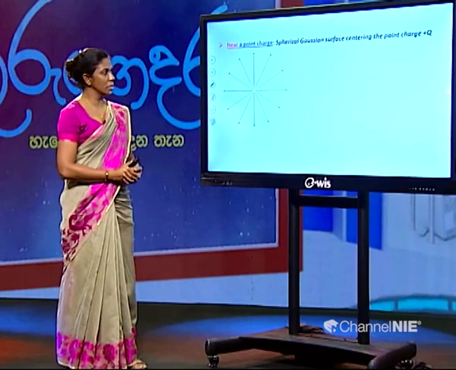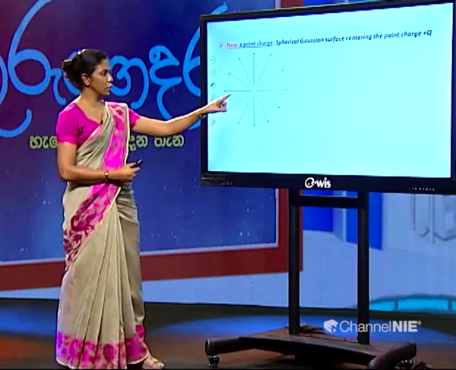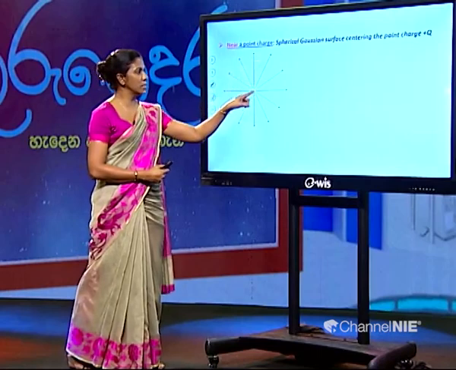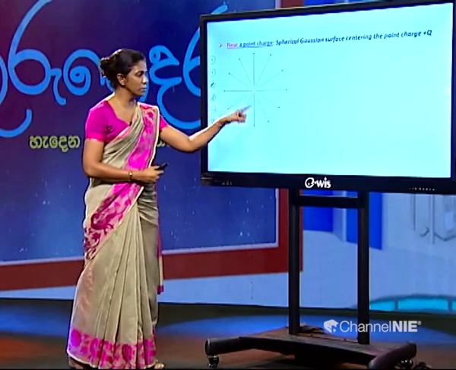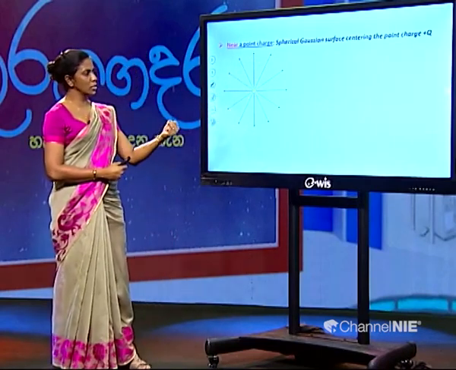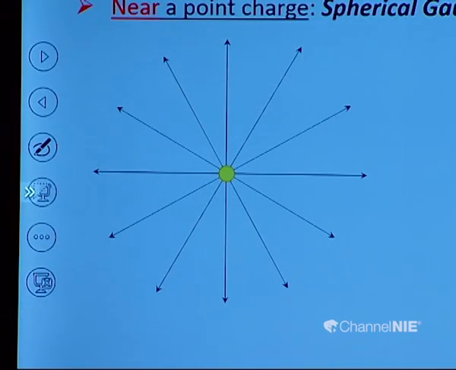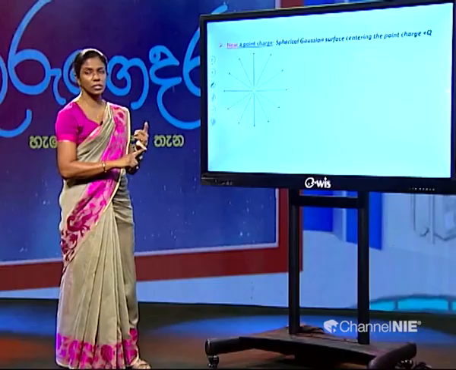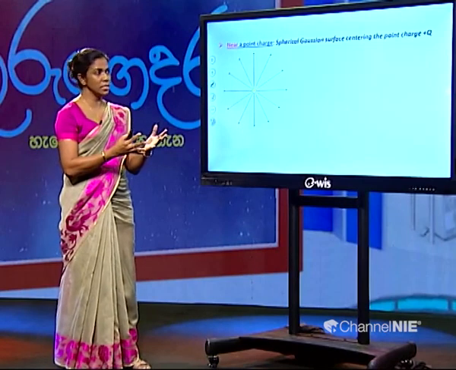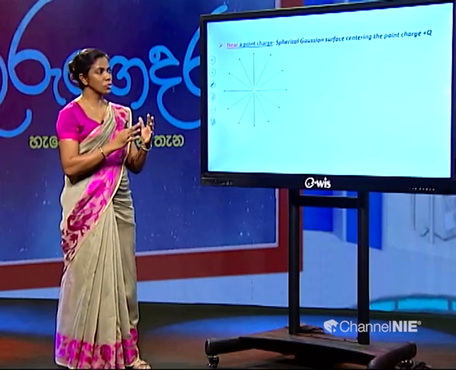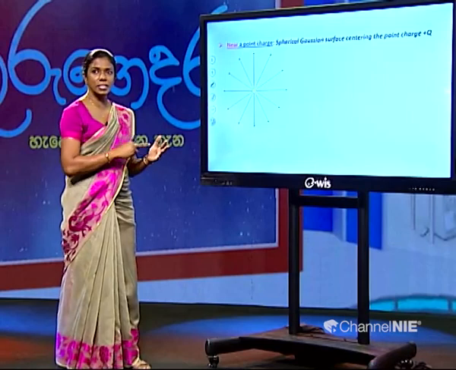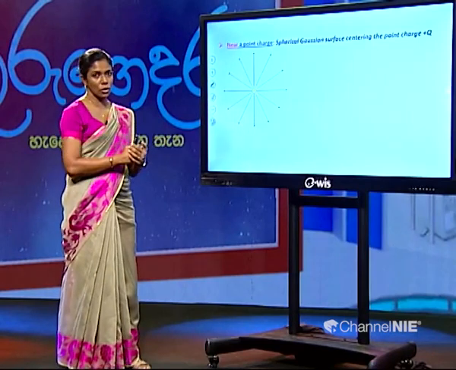Near a point charge, if it is a positive charge, the field lines are represented by arrows, and it is an isolated point charge. So you have to draw the field lines symmetrically. Now we have to choose a Gaussian surface that fulfills the above three conditions: it must be an enclosed surface, it must be drawn in the field, and it has to have the same field intensity at any point along the surface.